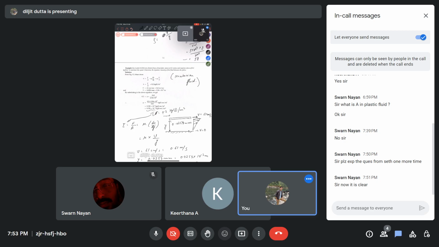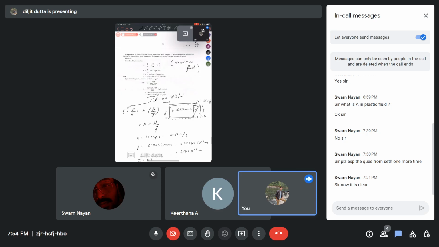Slope is linear, so du by dy is simply v minus 0 divided by y, that is mu into v by y. V is given as 61 centimeter per second, y is given 0.0254. So we have just changed the units and then solved the question.